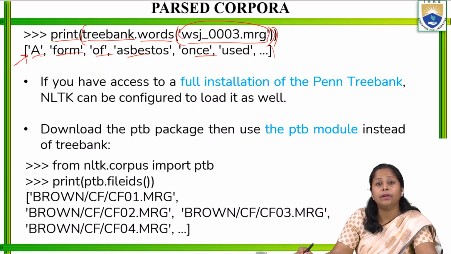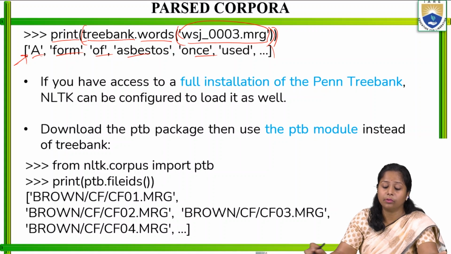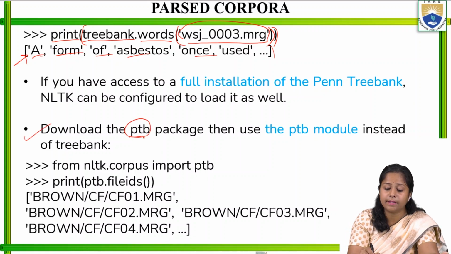Now if you have access to a full installation of the Penn Treebank, NLTK can be configured to load it as well. Basically, there is a huge amount of data in that, and initially we can only download 10% of it. But if we want to install all the Penn Treebank data, I need to download the PTB package, that is, Penn Treebank.